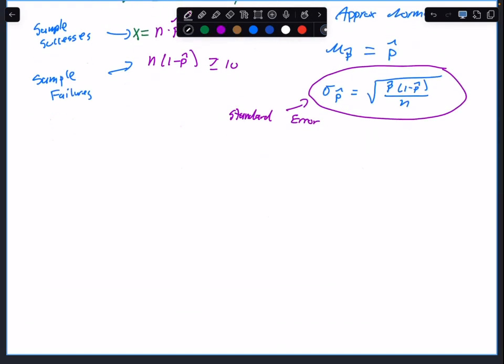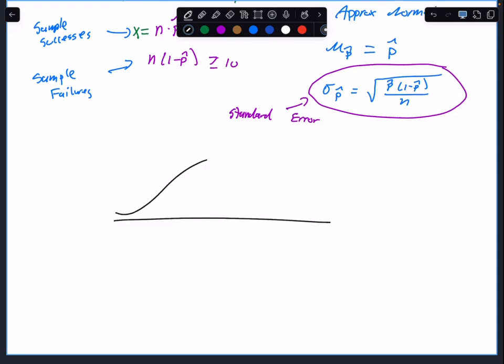All right, so once we know that, just like we did in our do now, we can create a normal model. Here's P hat, and then we can make our markings. And we add our standard deviations, and I'm only going to focus on this one right here: about 95% fall between P hat minus 2 standard errors and P hat plus 2 standard errors.